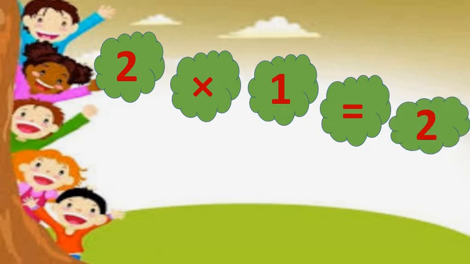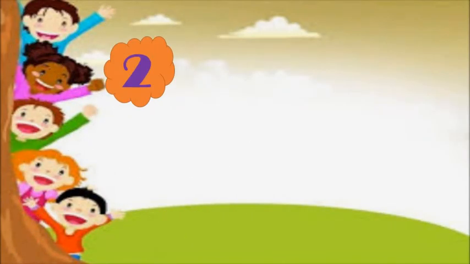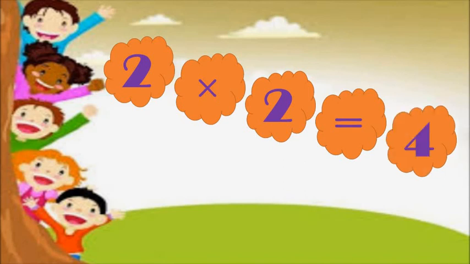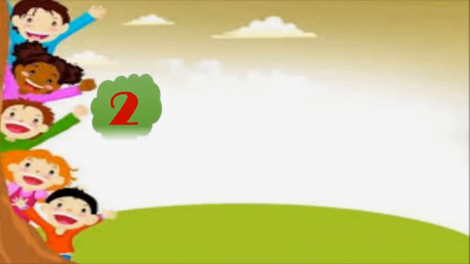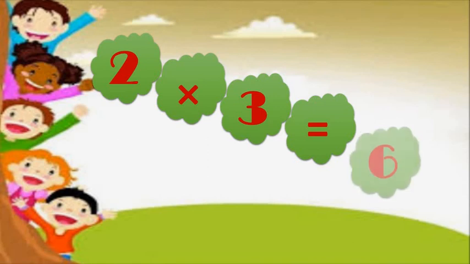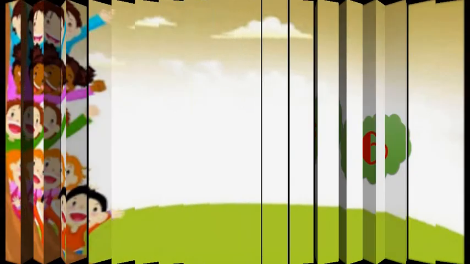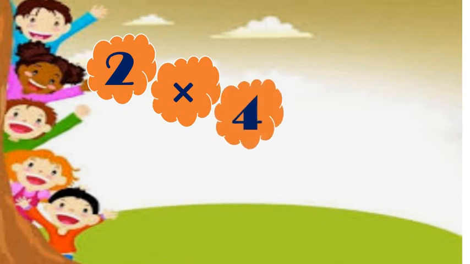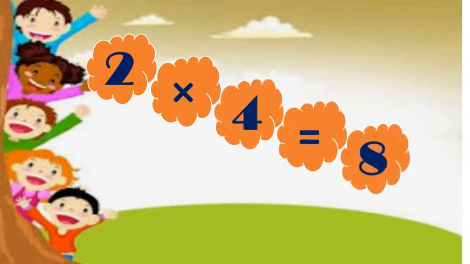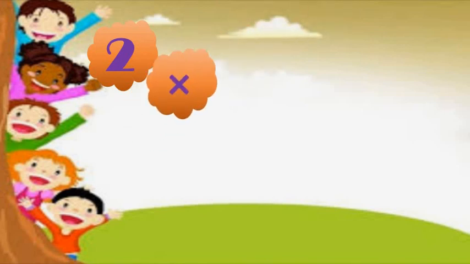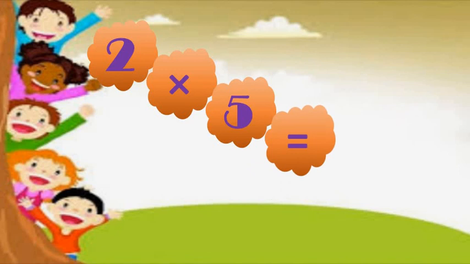Two ones are 2. Two twos are 4. Two threes are 6. Two fours are 8. Two fives are 10.